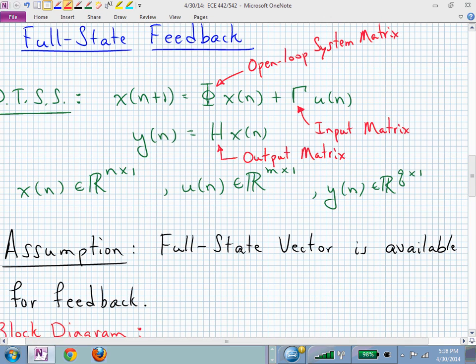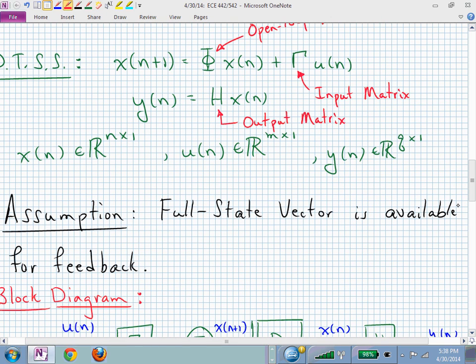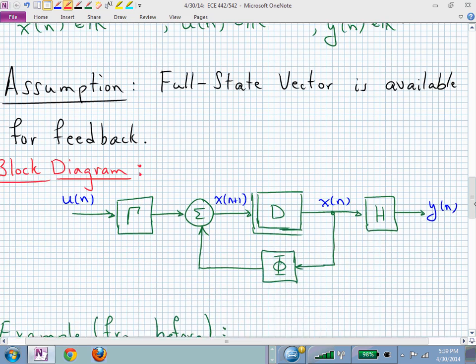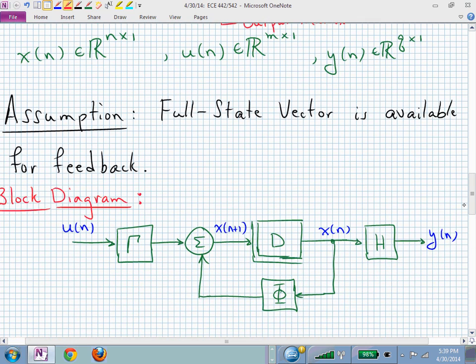Our assumption that we're living under, if we have full state feedback, is for the full state vector, all of those components, to be available to be fed back. Here's the block diagram that I suggested we could create. And I've tried to indicate that that D block is a little bit particular or different than normal.